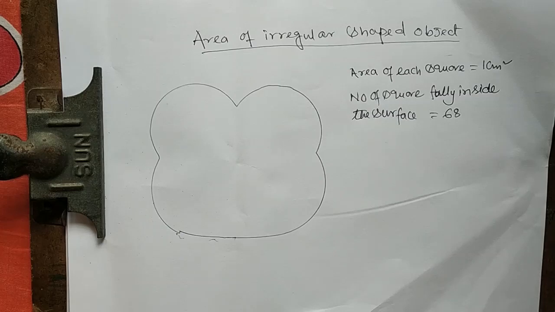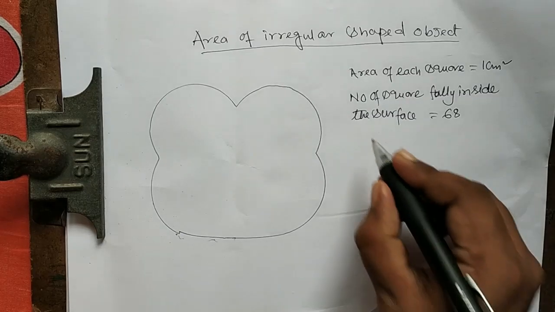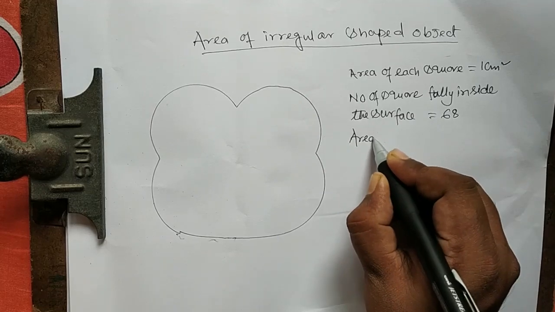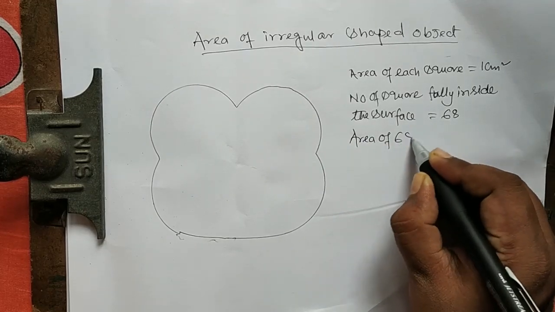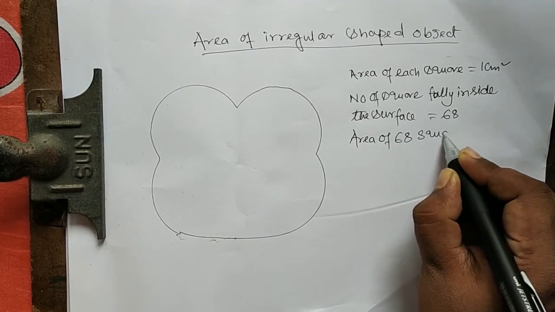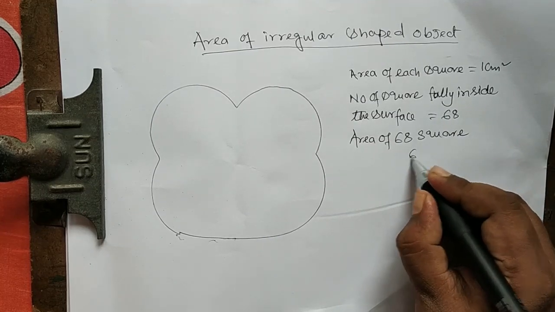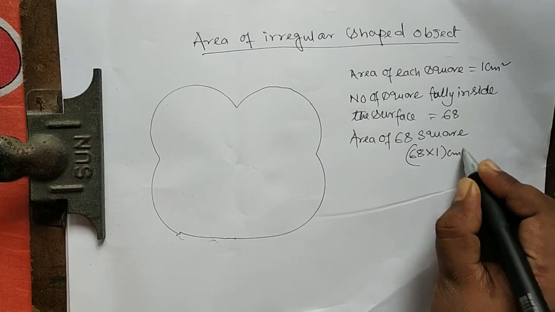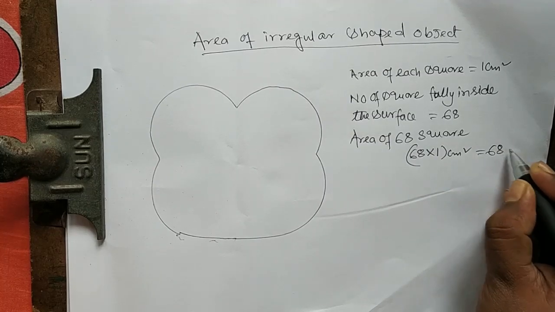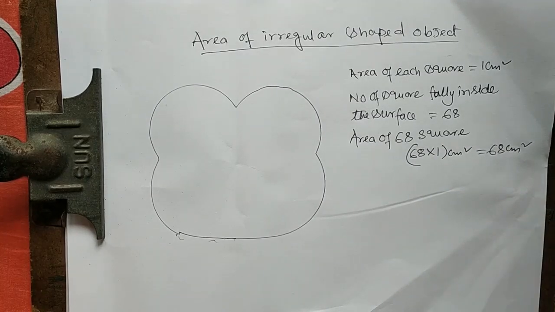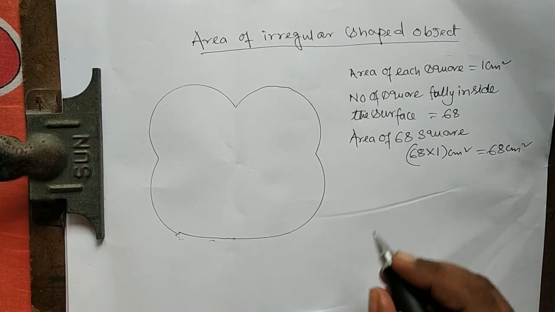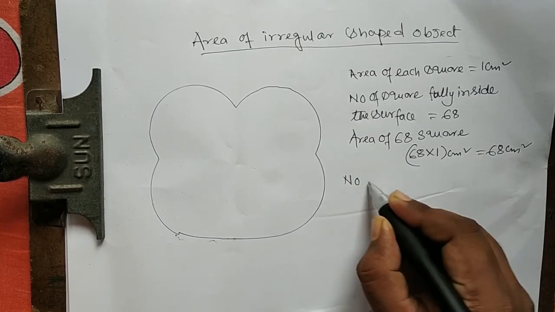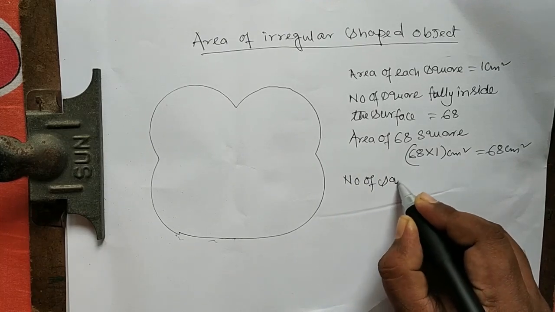If 68 squares are fully inside the surface, what will be the area of 68 squares? That will be 68 into 1 centimeter square, so it will be 68 centimeter square. Clear? Now the question has come: the number of squares partially, that means more than half portion, inside the surface.